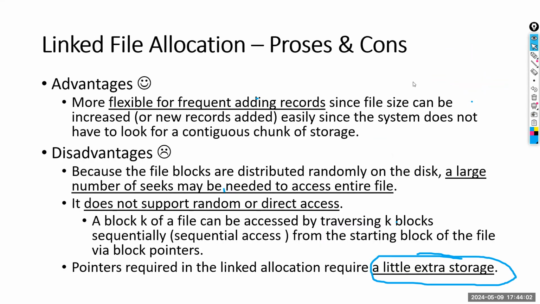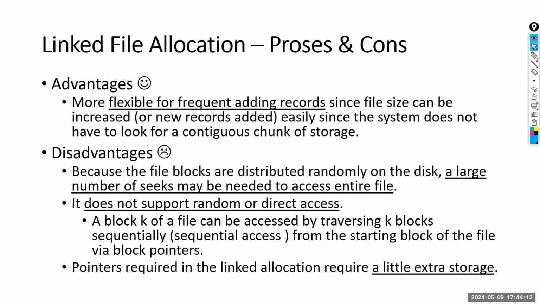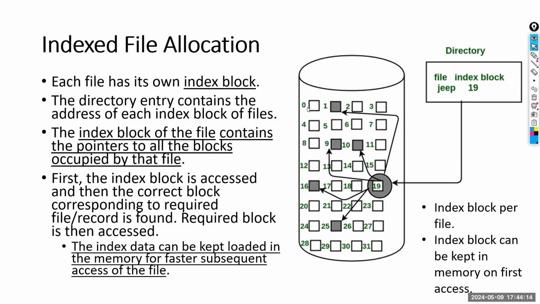Right, so that is linked file allocation. So the third approach is index file allocation. A lot of students get confused about linked file and index file because they look the same, but they are somewhat different. In index file allocation, there is something called an index block.